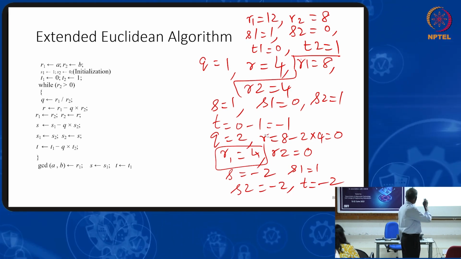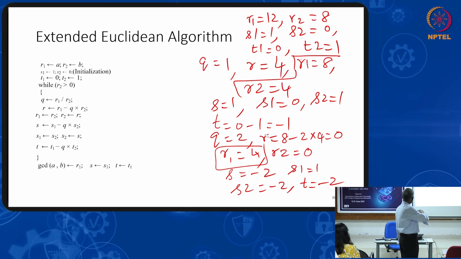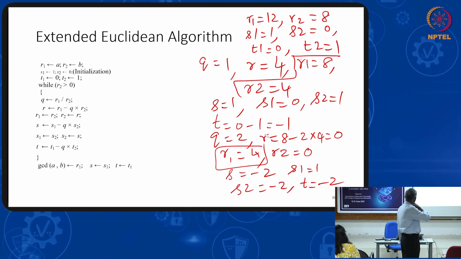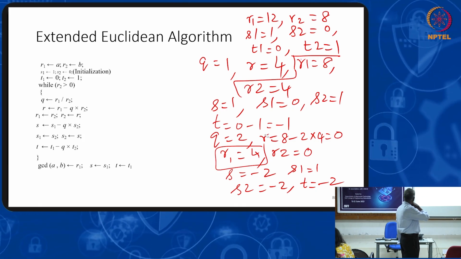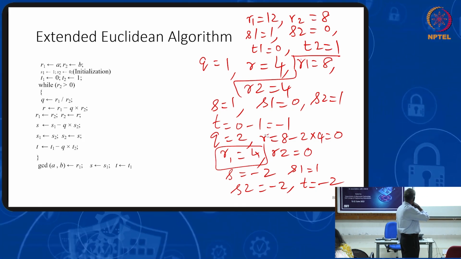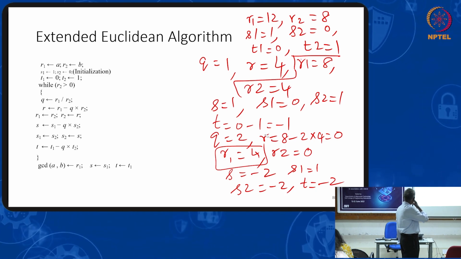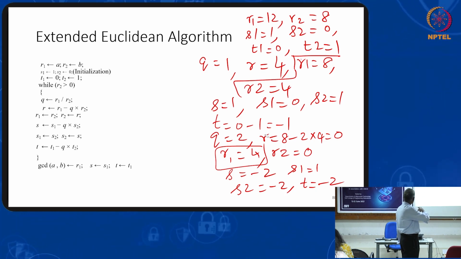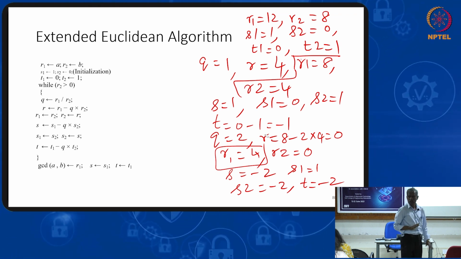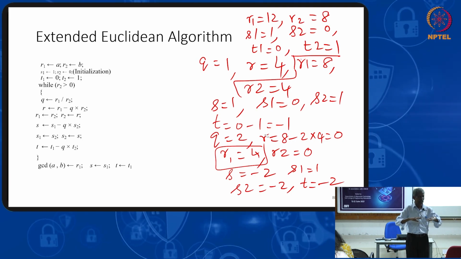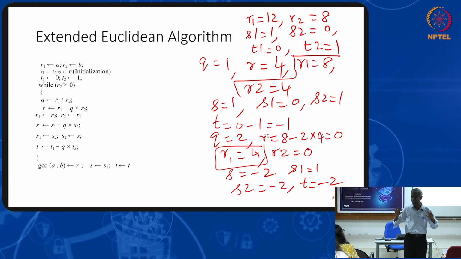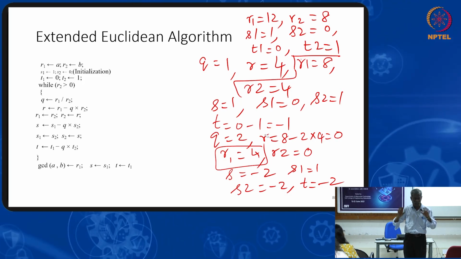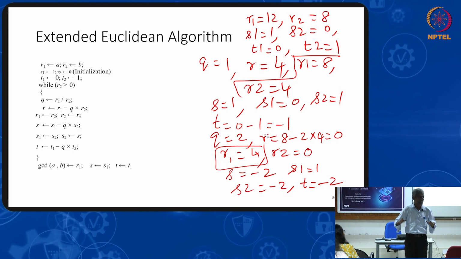S equal to S1, S1 is how much, 1. T equal to T1, T1 is how much, 0. So right now, we did not apply the algorithm for finding the inverse. We found only the greatest common divisor. But you can use this algorithm to find the inverse also.